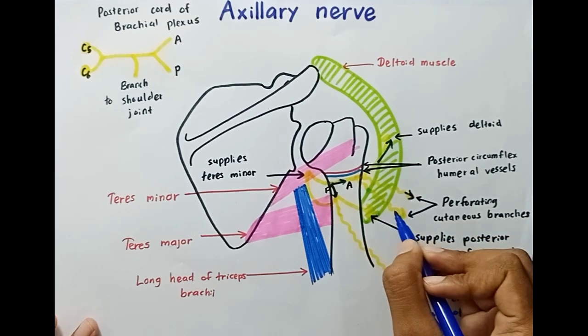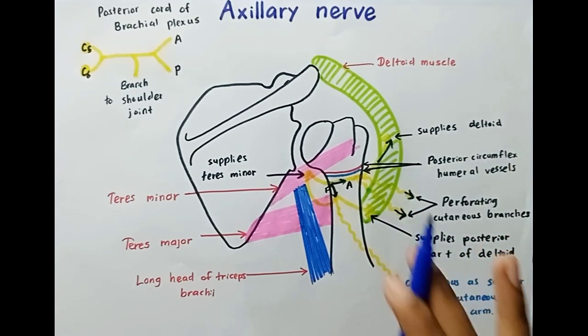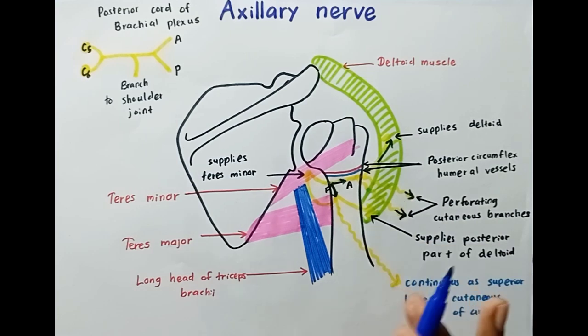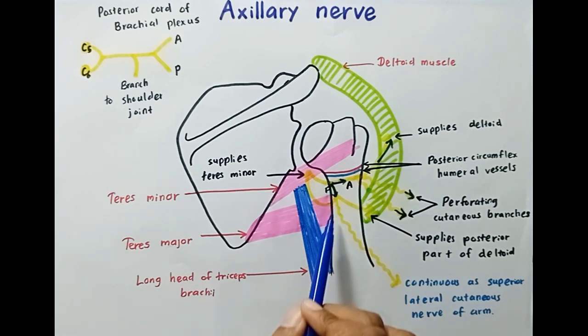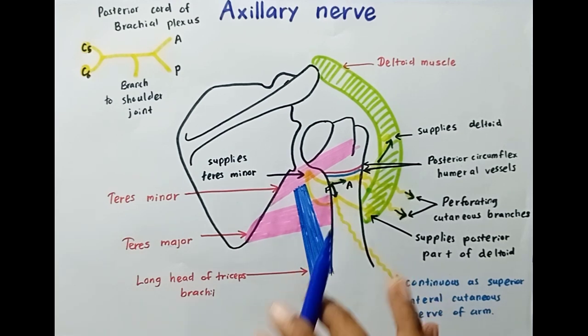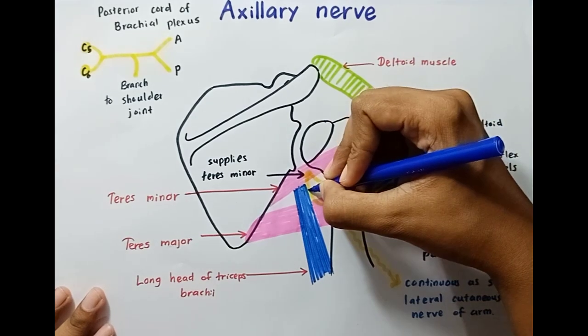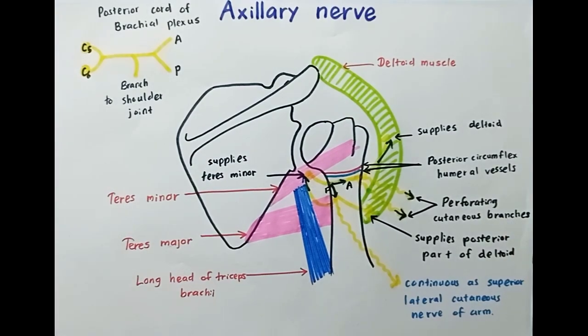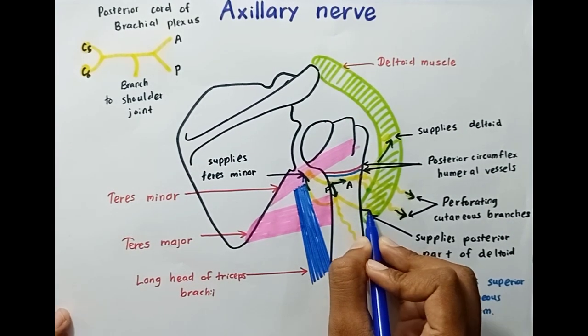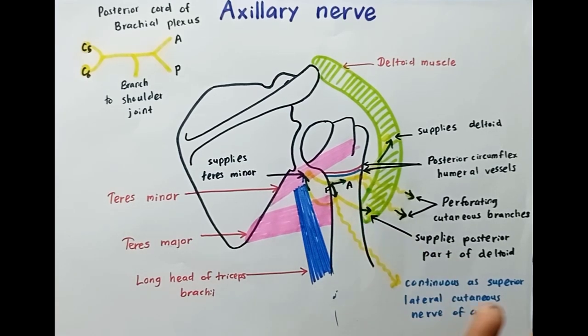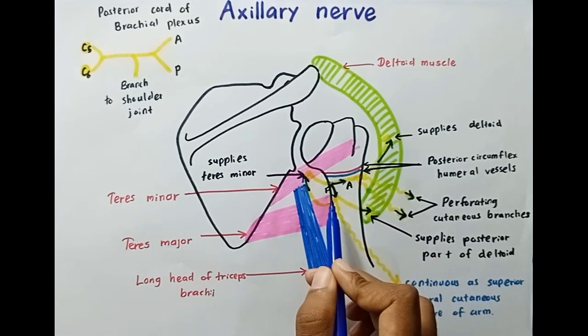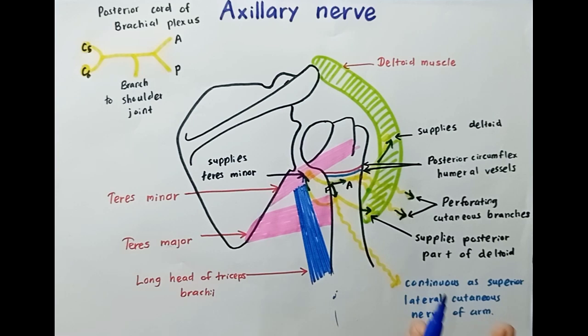Here you can see some cutaneous branches which pierce the muscle and supply the overlying skin. So they are perforating cutaneous branches, and this posterior branch supplies teres minor and also the deltoid muscle. And apart from that, it pierces deep fascia and continues as the superior lateral cutaneous nerve of arm.